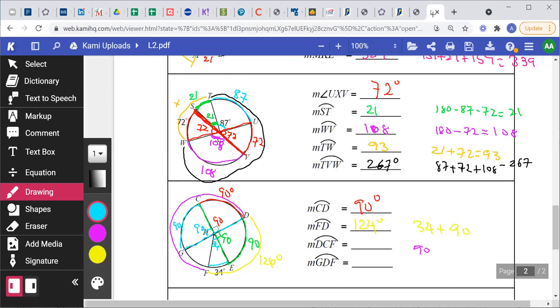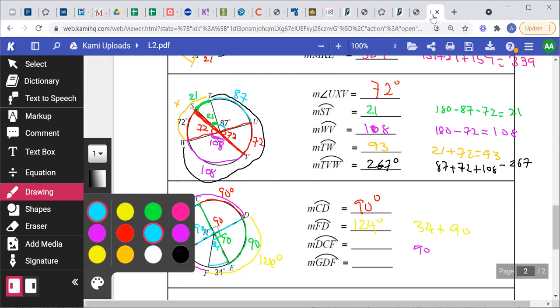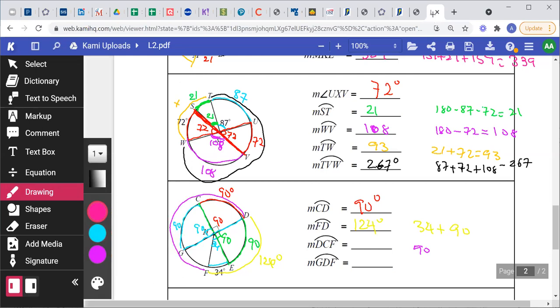And then to get this one, these two angles here, which color can I use, man? Okay, these two angles here are going to be complementary. Because this one is already 90, this small angle here is going to be just 90 minus 34. What is 90 minus 34, please? 56.